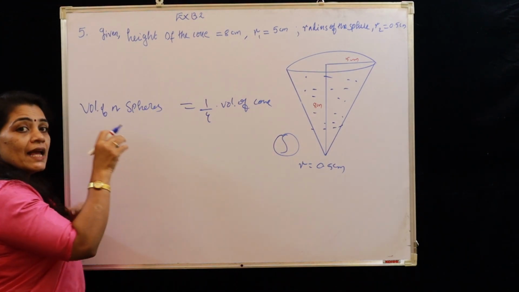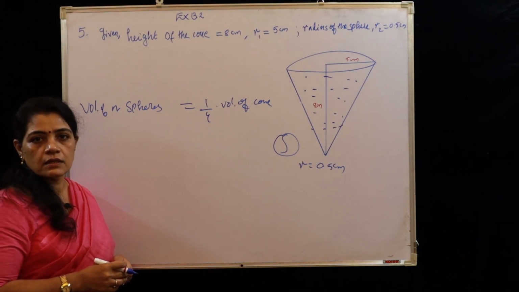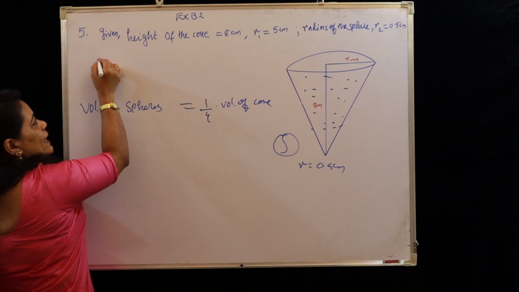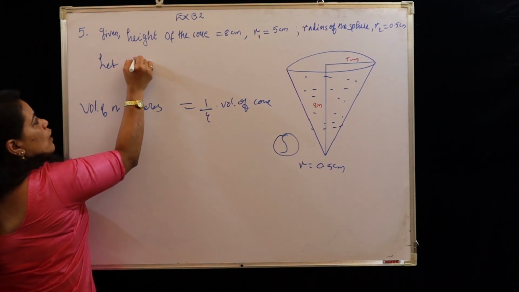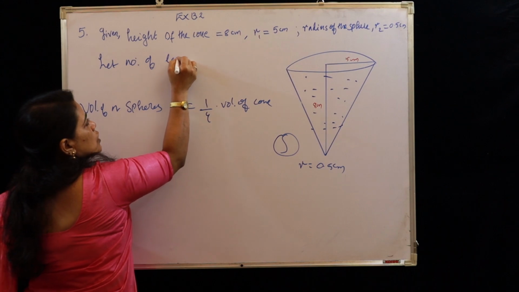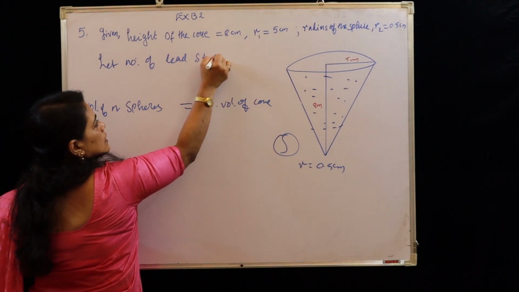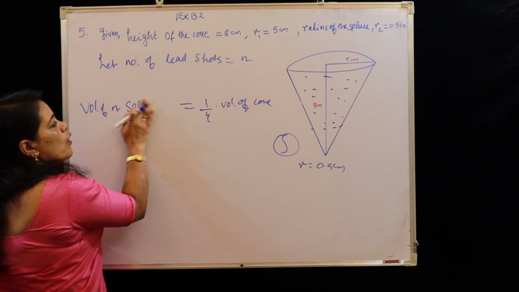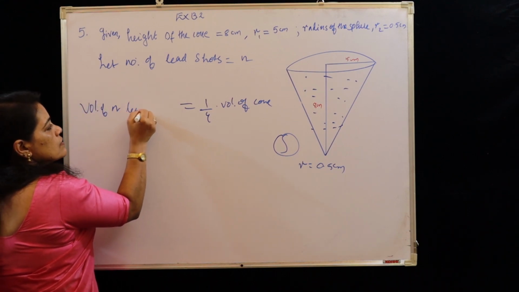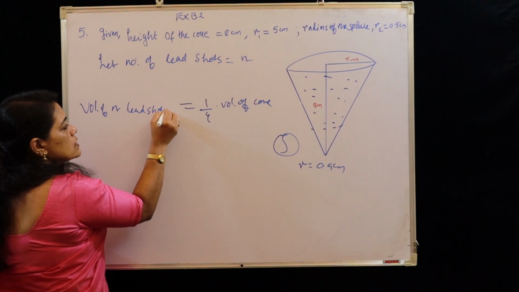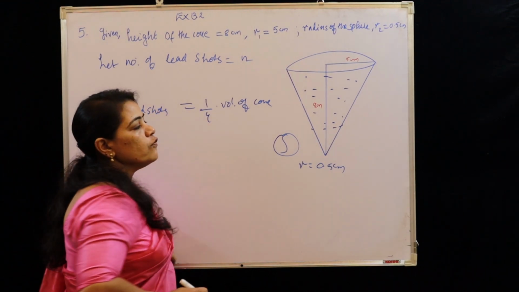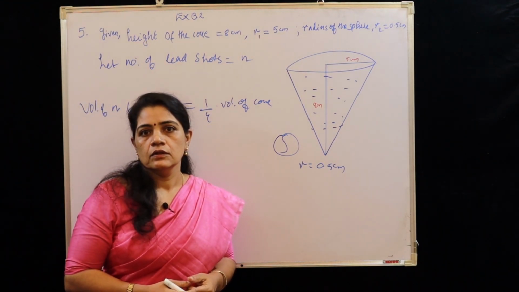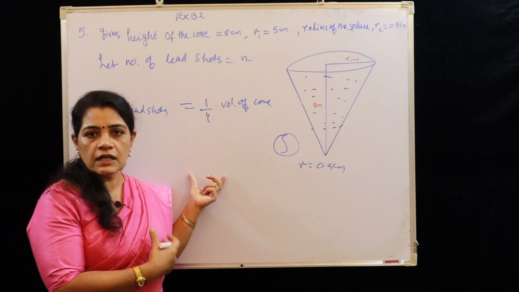That means spheres means n lead shots. So let the number of lead shots equal n. So volume of n lead shots is equal to 1/4 of the volume of the cone. Hope how we frame this equation is clear.